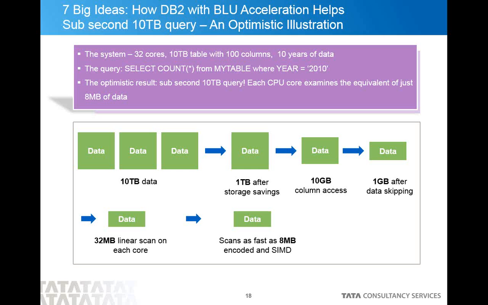So the intention of DB2 BLU is that it reduces the active workload. In this example, we can see that we started with 10 terabytes of data, and now that active workload has reduced to 8 MB after implementing compression, columnar technologies, data skipping, cross-core parallelism, and all the big ideas.